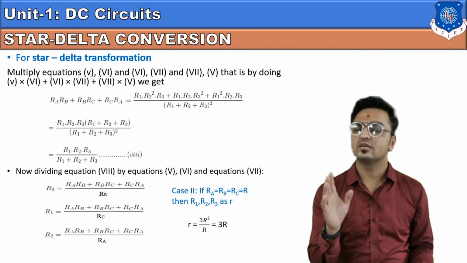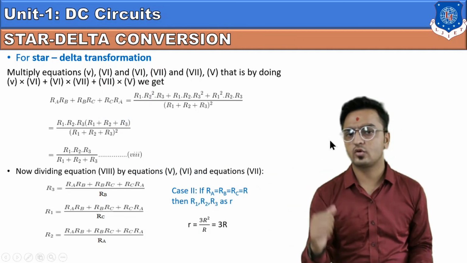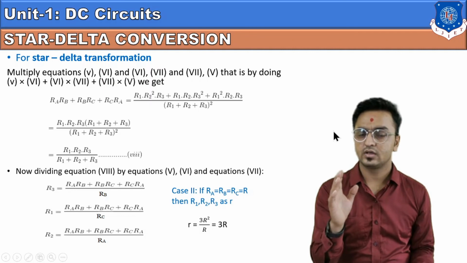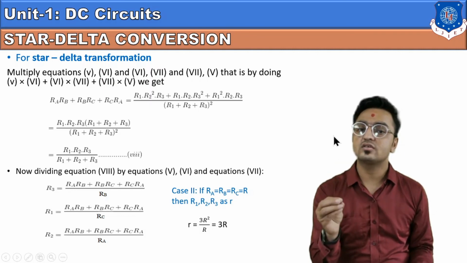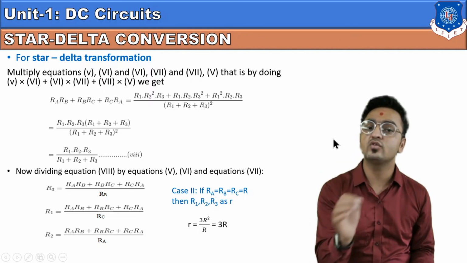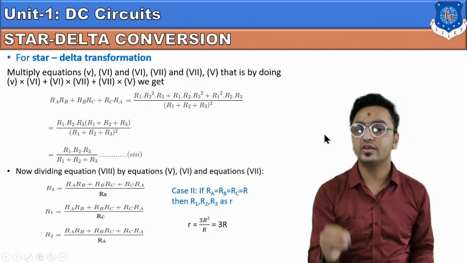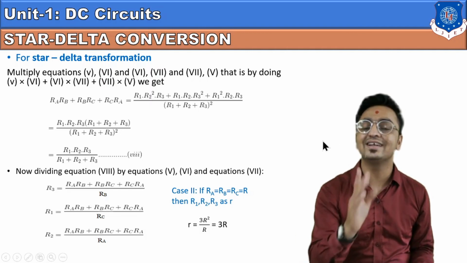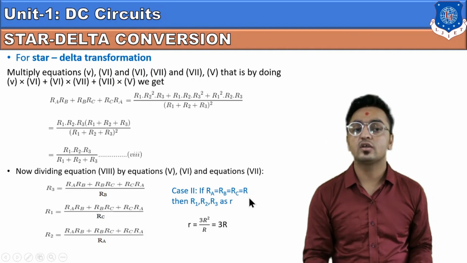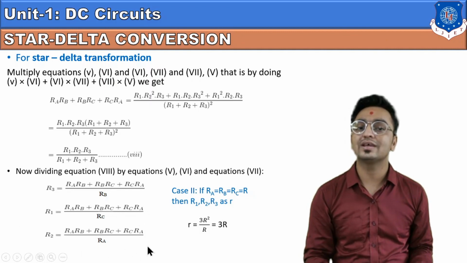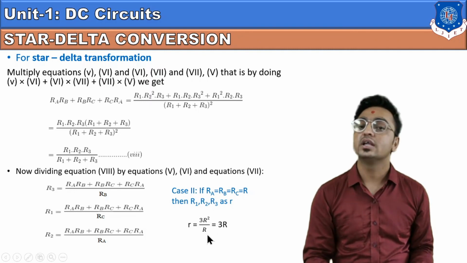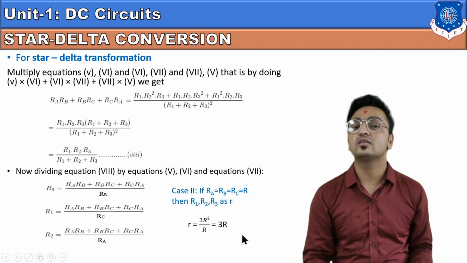And in the same way as we discussed in the previous topic, delta to star: now if in a star connection all resistors have the same value R, then what will be the value of the resistors in the delta connection? If we consider all have value R and put these values here, we get 3R square divided by R, that is nothing but 3R.